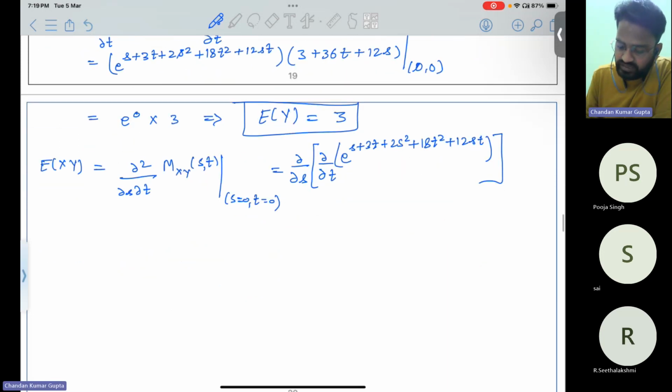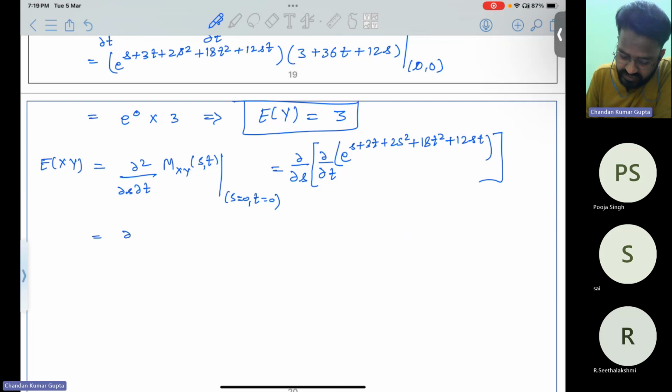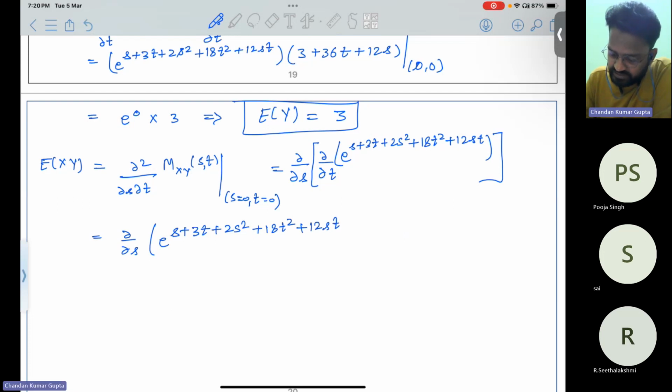First differentiate this with respect to t, we get e to the power s plus 3t plus 2s square plus 18t square plus 12st. And then multiply this with 3 plus 36t plus 12s.